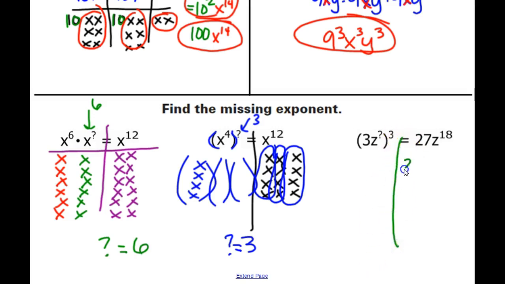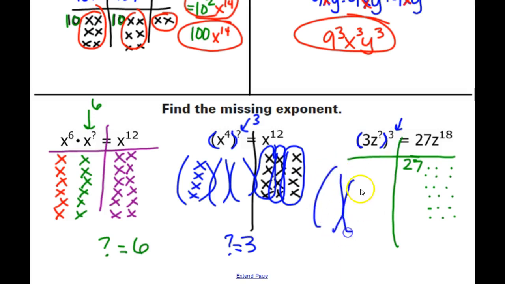All right, last one. We need to get to the number 27, and then 18 z's. Instead of writing out z 18 times, I'm simply going to represent each z by a dot. So here, I don't know what's in my group, but I know I have 3 groups, so I'm going to symbolically draw out 3 groups.